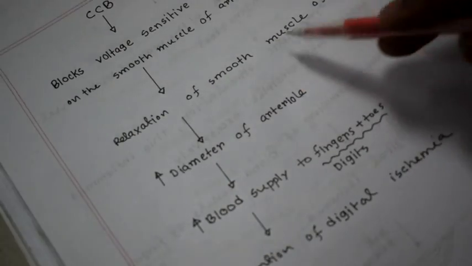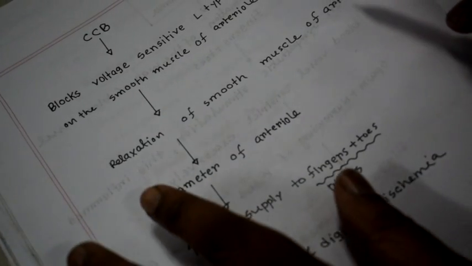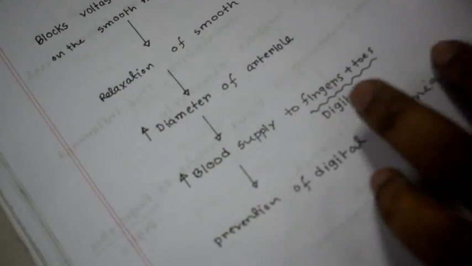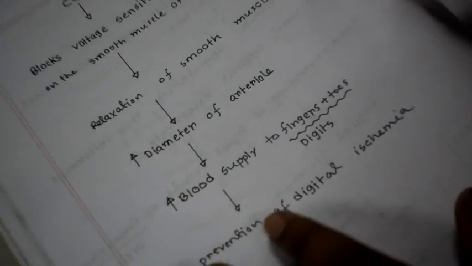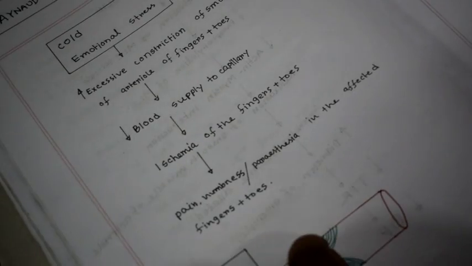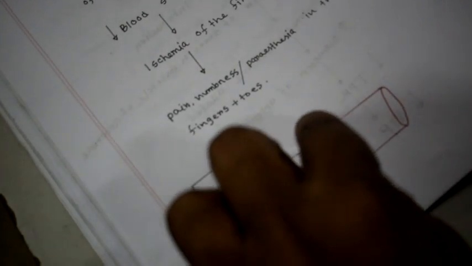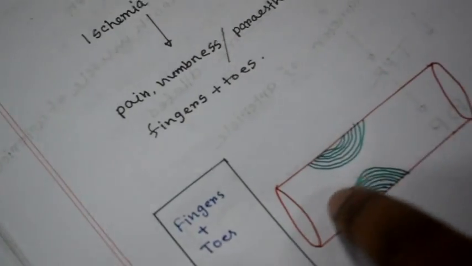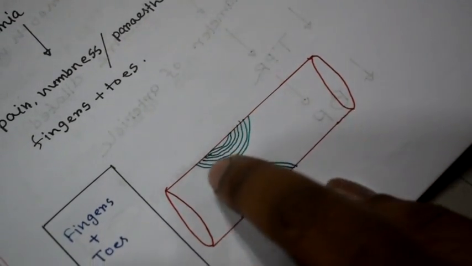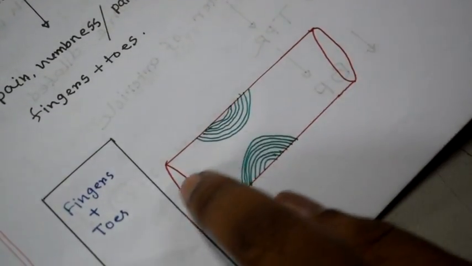When the smooth muscle of the arteriole relaxes, the diameter of the arteriole becomes more, so there is increased blood supply to the fingers and toes. So there is prevention of digital ischemia. So the calcium channel blocker basically dilates and prevents these vascular spasms, by blocking the calcium channel on the vascular smooth muscle and increasing blood supply to the fingers and toes.